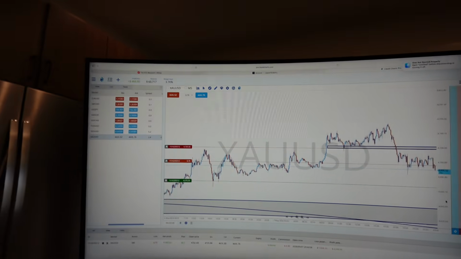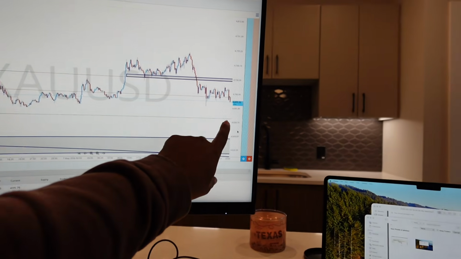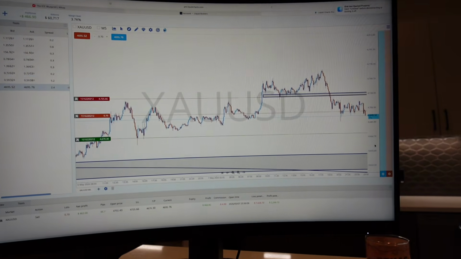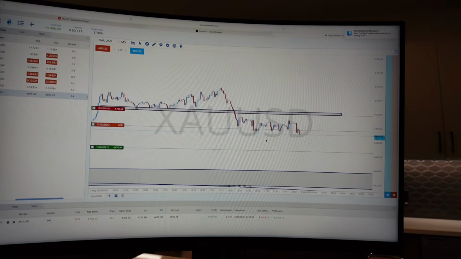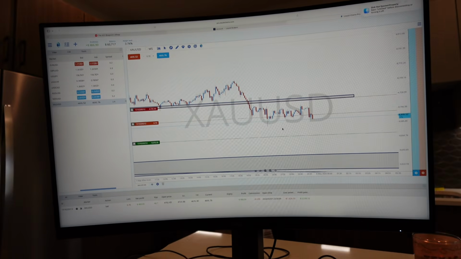So I'm waiting for price to open up and hit my TP. It should spike down first and then knock me out and then open back up. I don't know why it's not opening though.